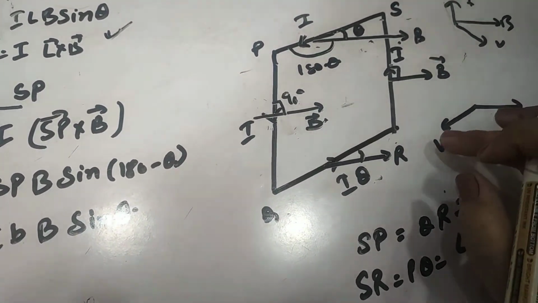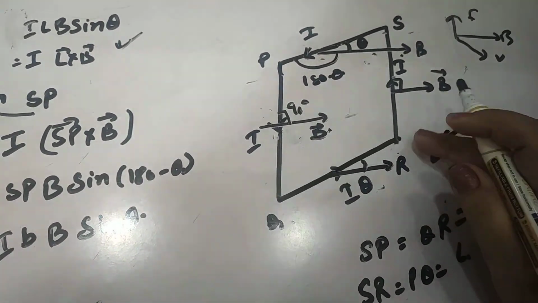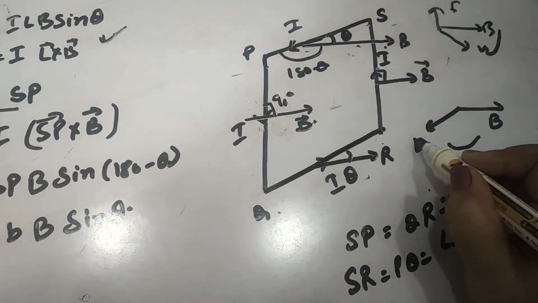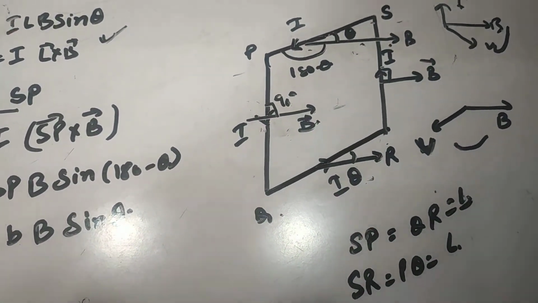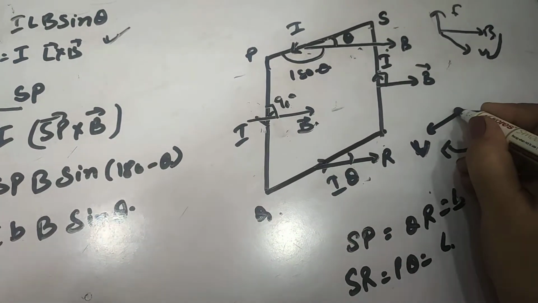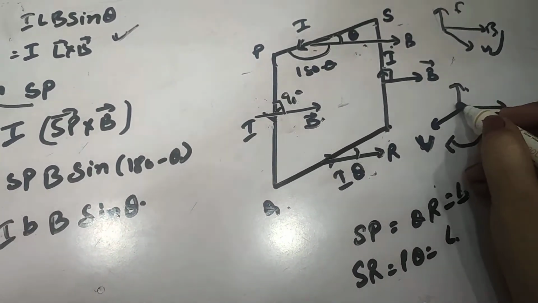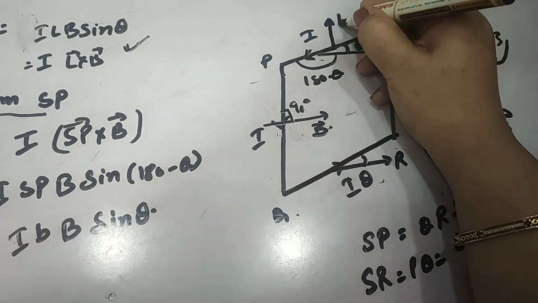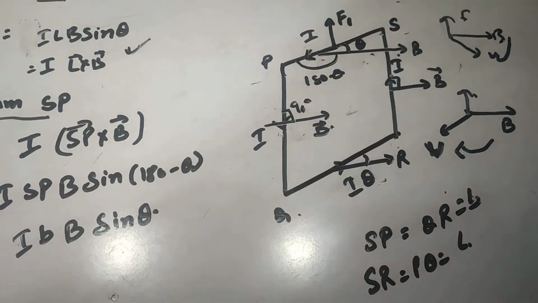Here we are taking length L. So in that case we move from B to V. Velocity we will represent here because current is moving in this direction. So the direction is from this to this, which is clockwise, so the direction will be upward. So at this point the magnetic force will be upward. Let us represent this as F1.